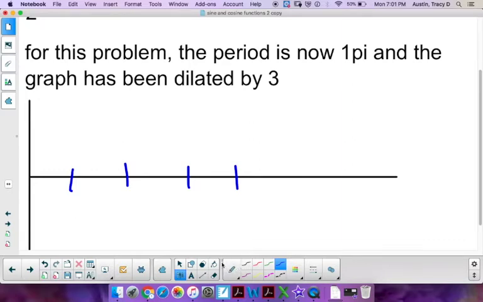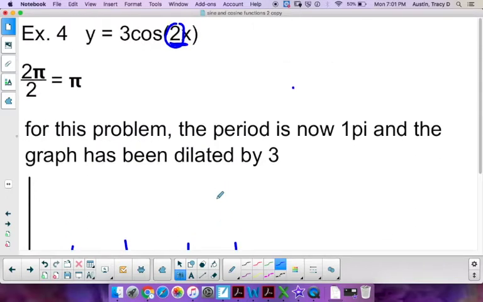So if you set up your graph first based on your period, then you can go back and do like you did yesterday and deal with your transformations, right? And that's where you start dealing with, okay, so now, where is my graph going to start? Where does it go? Does it go upside down? Then you can deal with all of that. For right now, let's set up the period, and let's set up the x's.